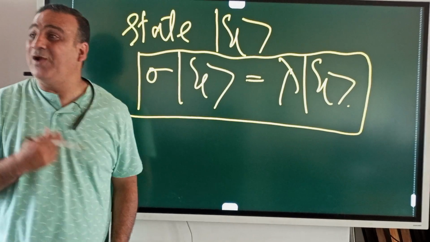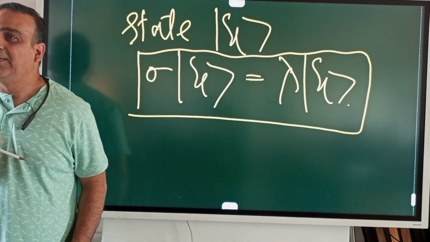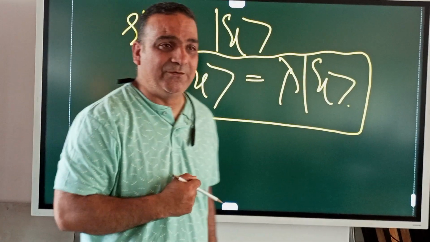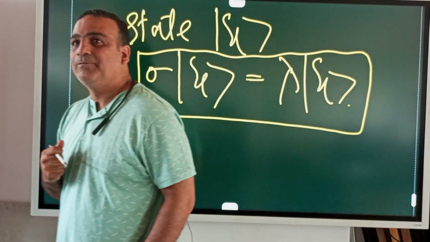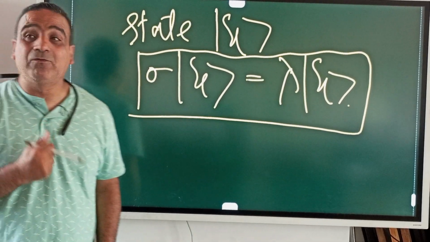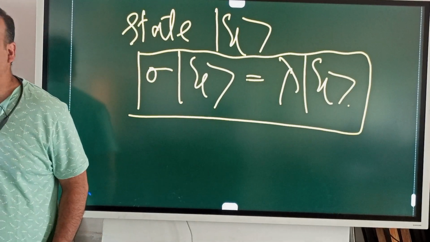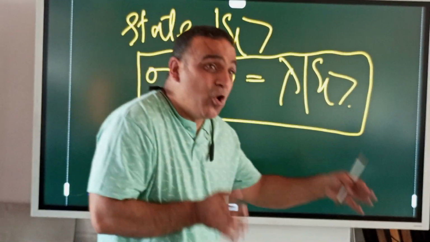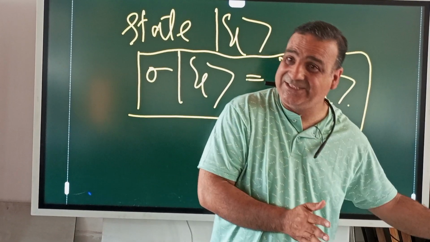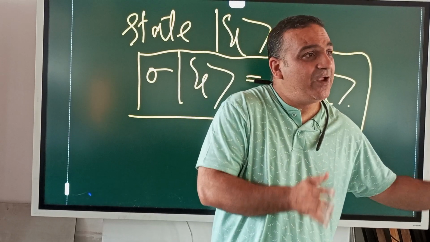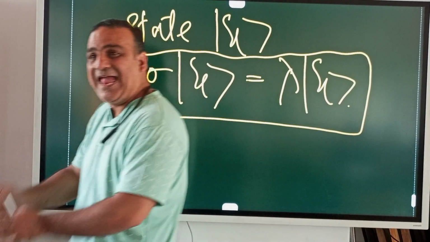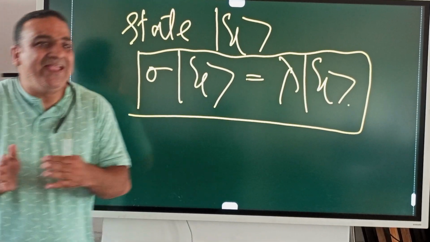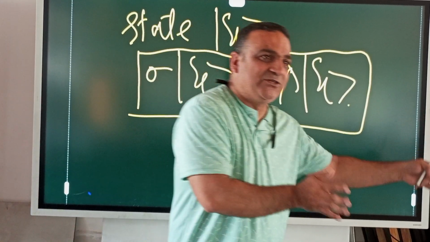From this equation, I can calculate the eigenvalues, and at the same time, I can calculate the eigenvectors, because we are living in the domain of quantum mechanics, in the domain of the superposition principle.